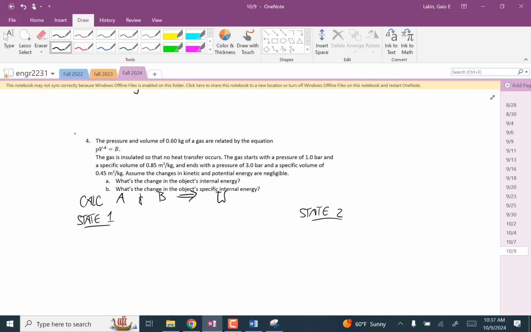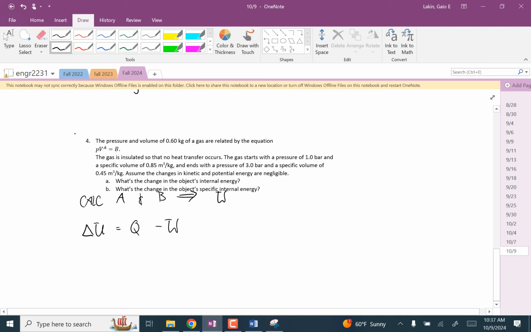Oh, so you just put those two equations, and then you have two equations and two variables. Right, for A and B. Yes. And then that'll let you calculate that integral so you can calculate the work. And then go to the first law.